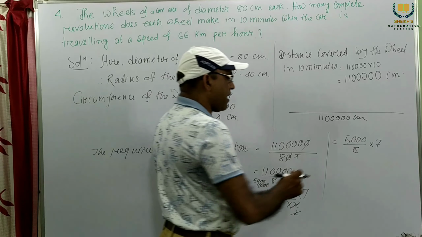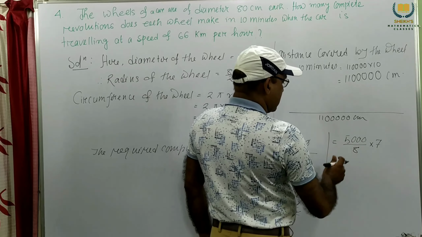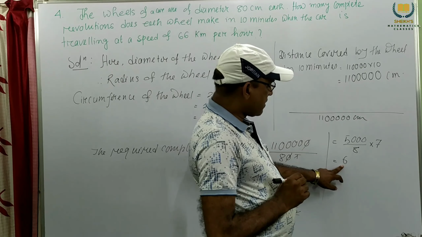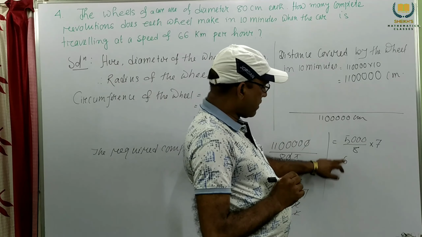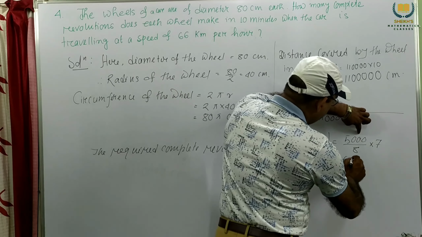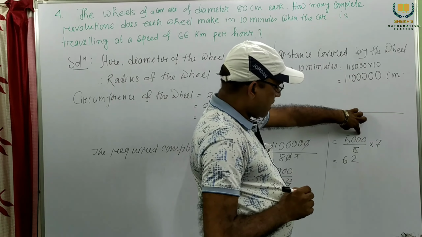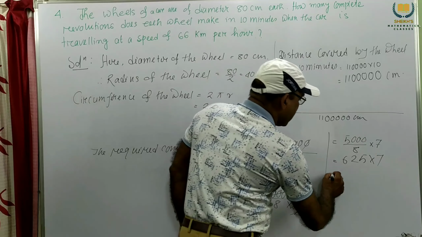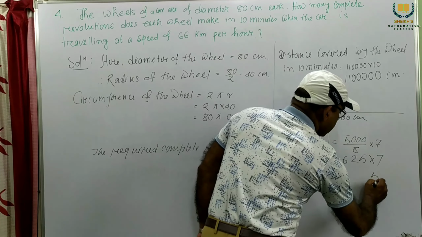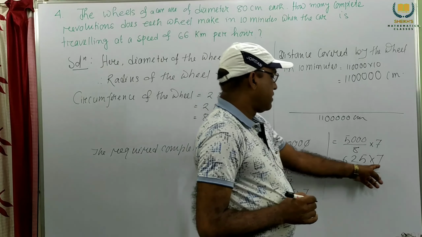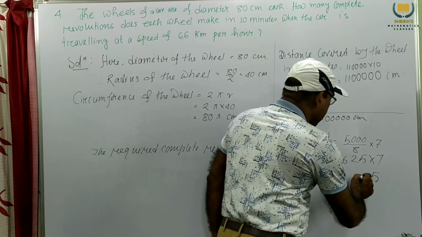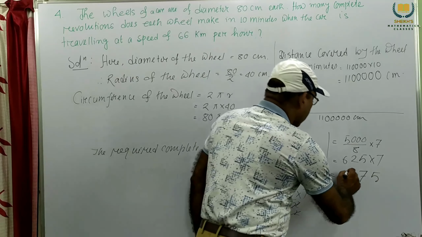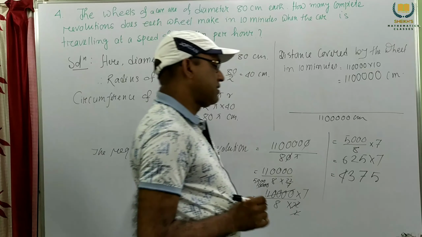Then again if we divide this one, 8 6s are 48 and this one 20, 8 2s are 16, then 40, this is 5 into 7. Now if we multiply this, 5 7s are 35, this is 14 and 3 17, this is 42, 43, 4375.